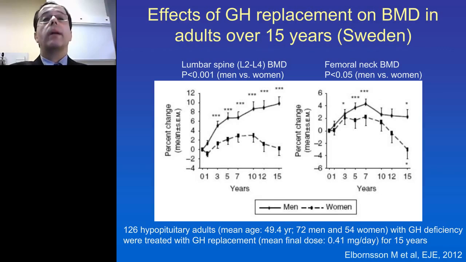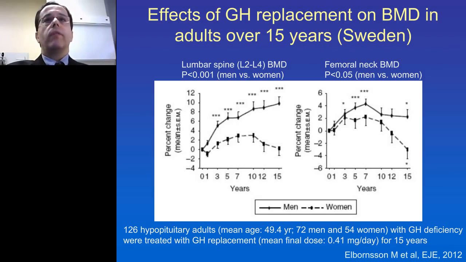In women, the magnitude of the improvement is much smaller, and it is also transient, as you can see. Similarly, in the femoral neck, men appear to show a greater benefit in bone density than women. And this is an observation that has been made in other studies as well.